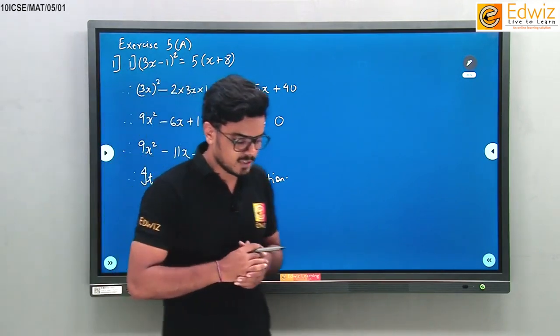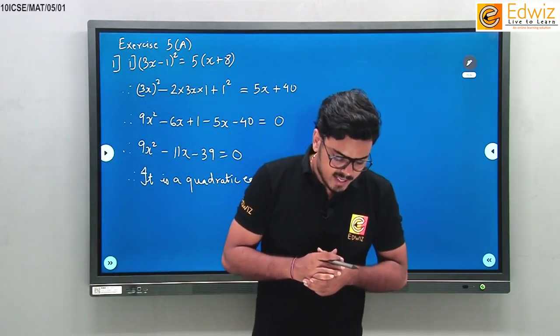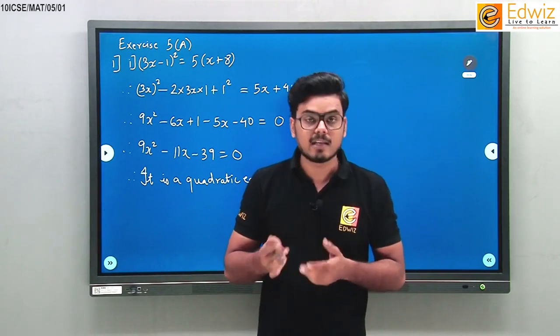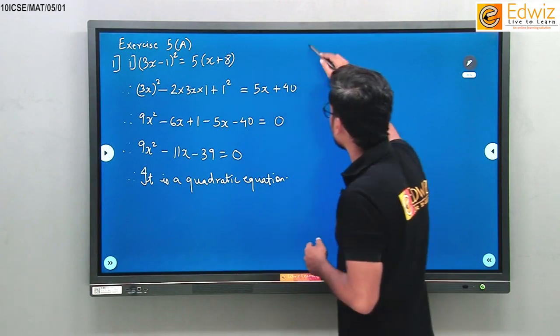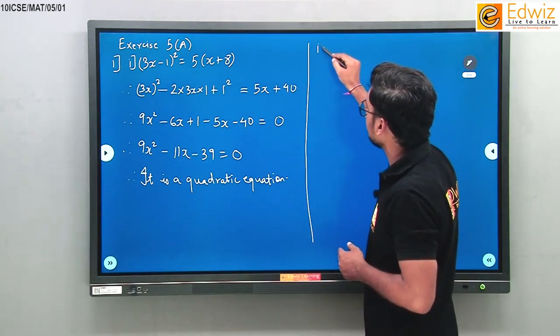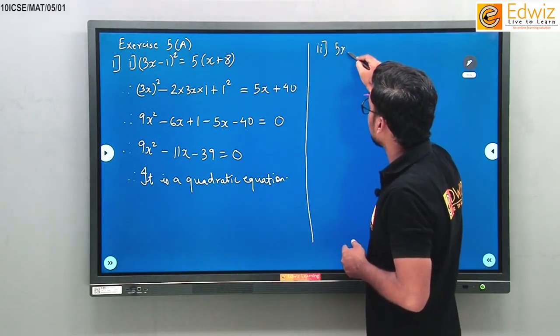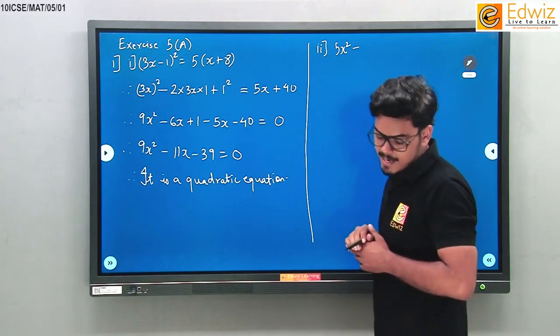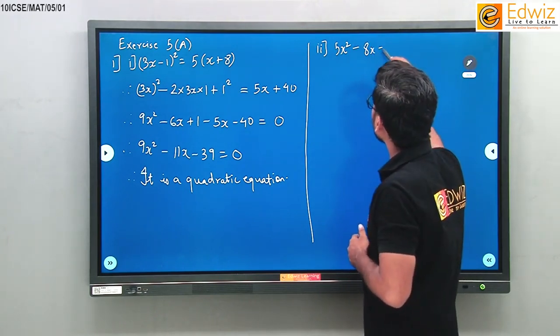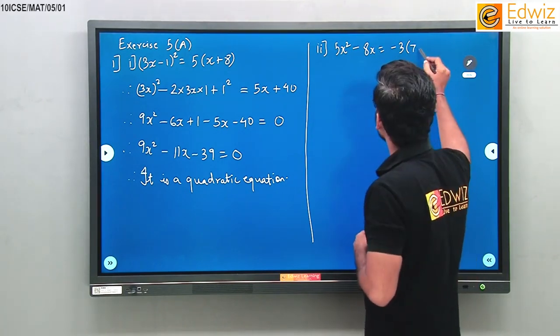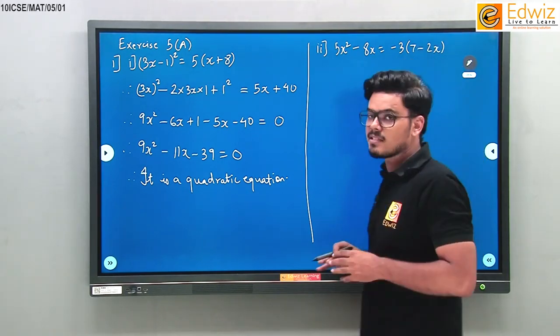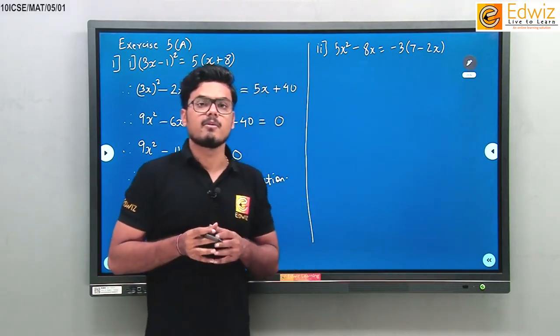Similarly, we'll have to check for the second one also. 5x square minus 8x equal to minus 3 multiplied by 7 minus 2x. Correct? The equation is this. Now in this equation, you don't even need to simplify it. Why?